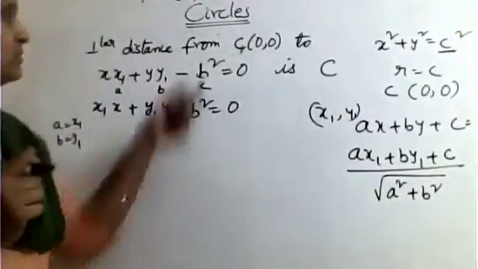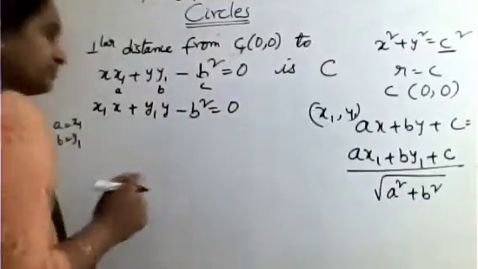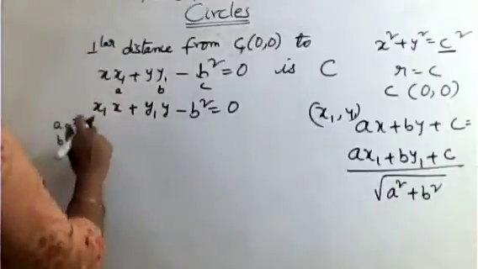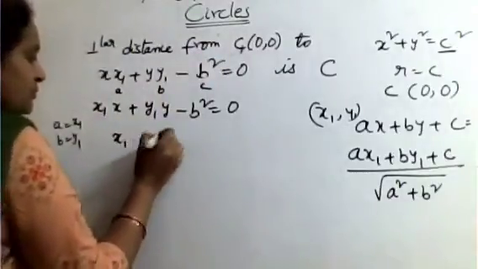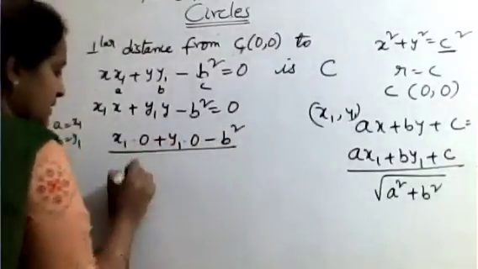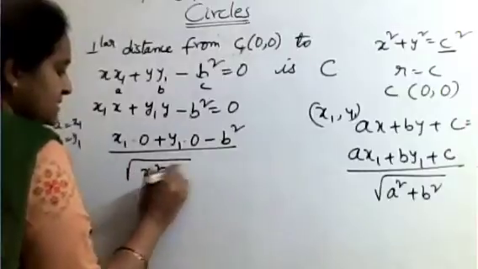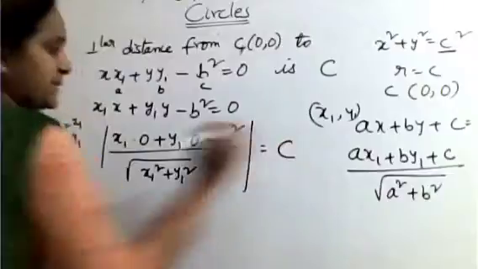Now from the point (0, 0) we calculate: x1 into 0 plus y1 into 0 minus b square, divided by root over x1 square plus y1 square, equals c. That is the perpendicular distance formula.